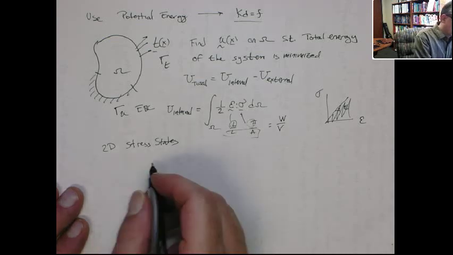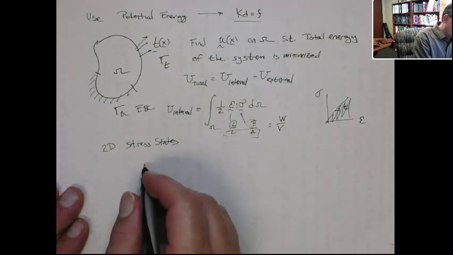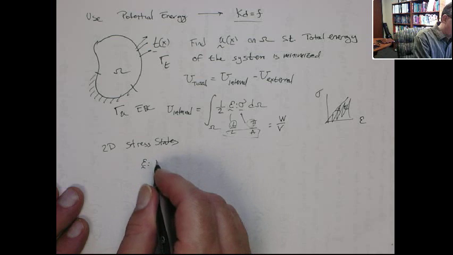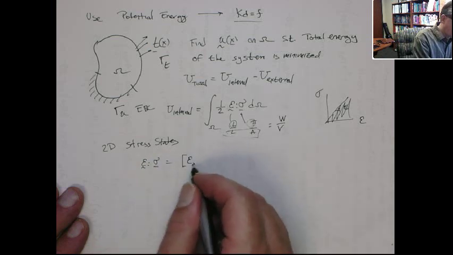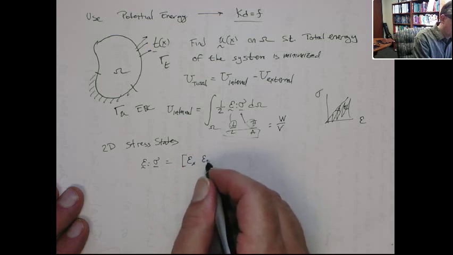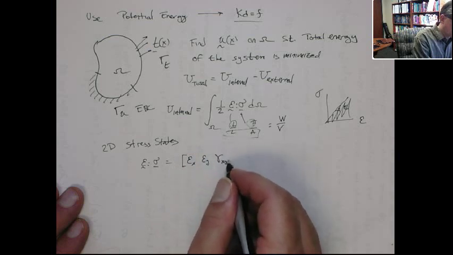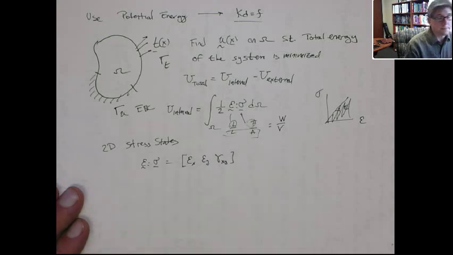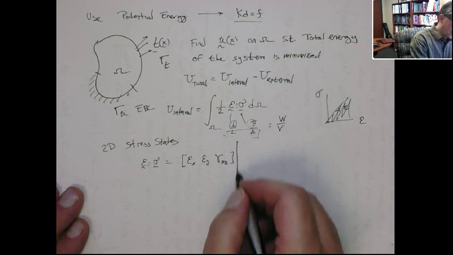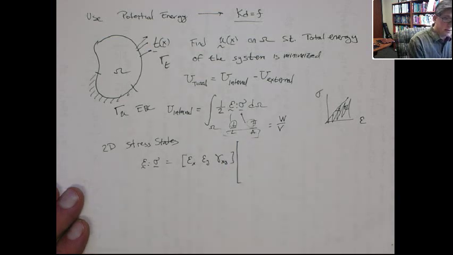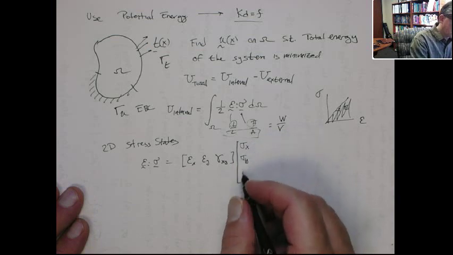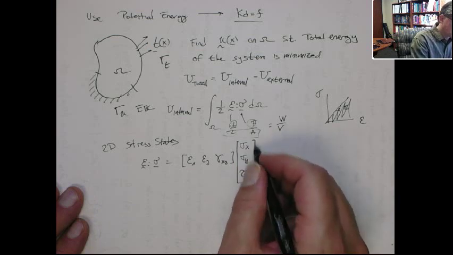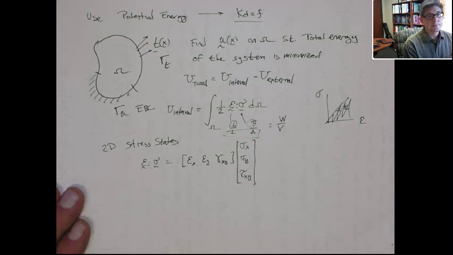And in that case, we can write this strain double contracted with the stress as follows. The strain components are written in a row vector, okay? The normal and the engineering shear strain, dotted with the stress components in a column vector. So that's sigma x, sigma y, and then tau xy. So those are the work conjugate components.